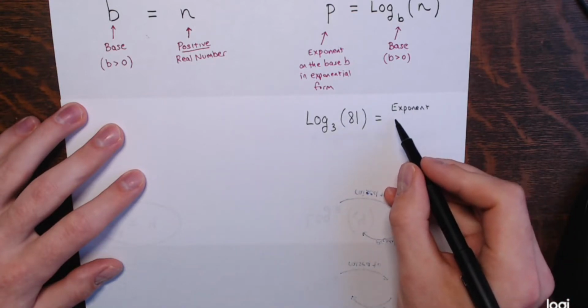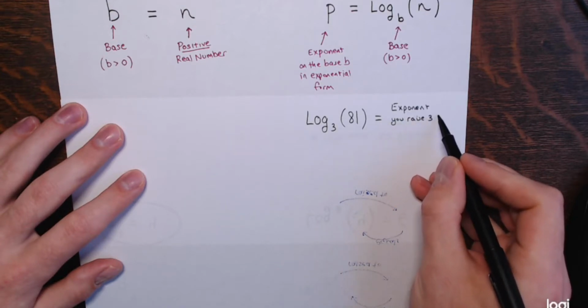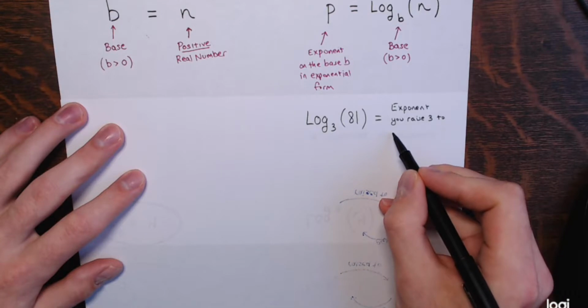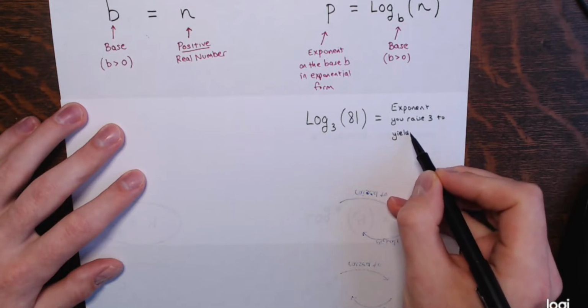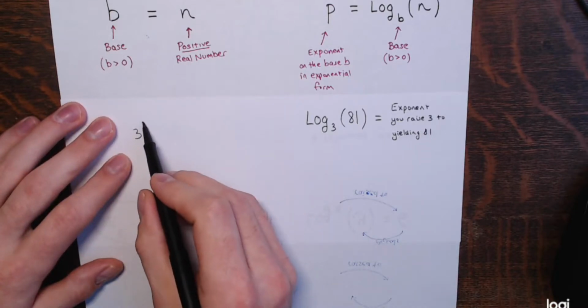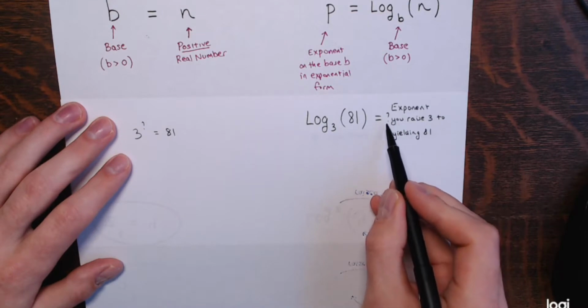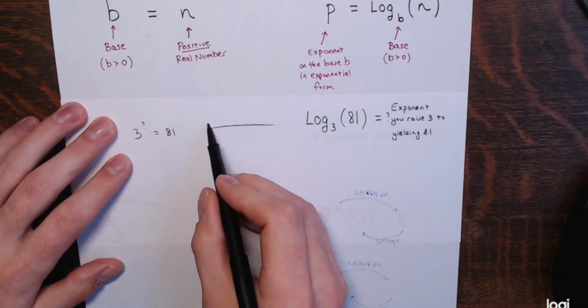Exponent you raise 3 to, yielding 81. Right, so 3 to the what power equals 81. That's basically what this is. If I called this question mark and then changed to exponential form, that's what it would look like.